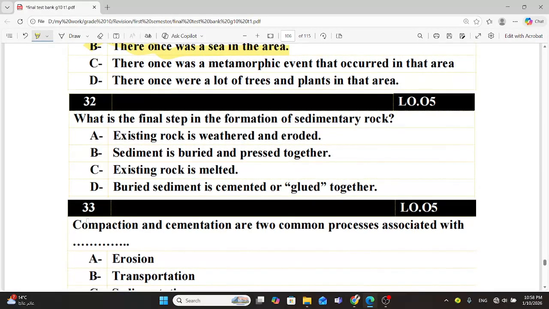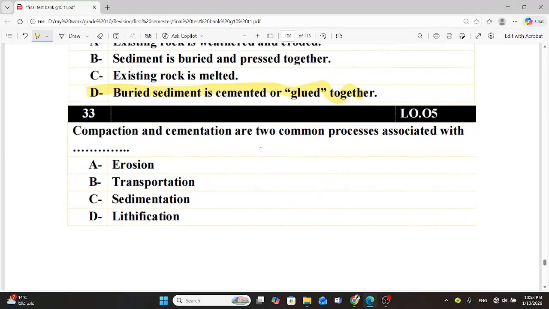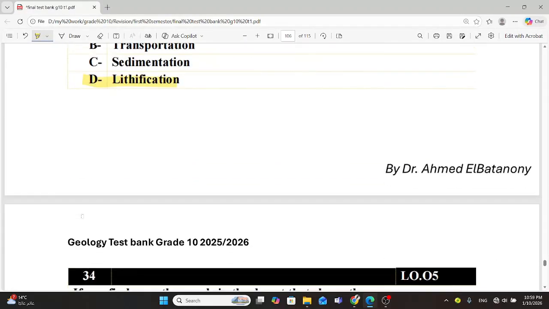What is the final step in the formation of sedimentary rock؟ الفاينل sediment is cemented or glued together. يبقى دي compaction and cementation are two common processes associated with erosion ولا transportation ولا sedimentation ولا liquefaction. هيبقى associated with liquefaction.